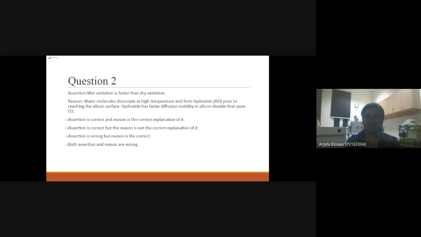The assertion is that wet oxidation is faster than dry oxidation. And the reason is that water molecules dissociate at high temperature and form hydroxyl prior to reaching the silicon surface, and hydroxide has faster diffusion mobility in silicon dioxide than pure oxygen.